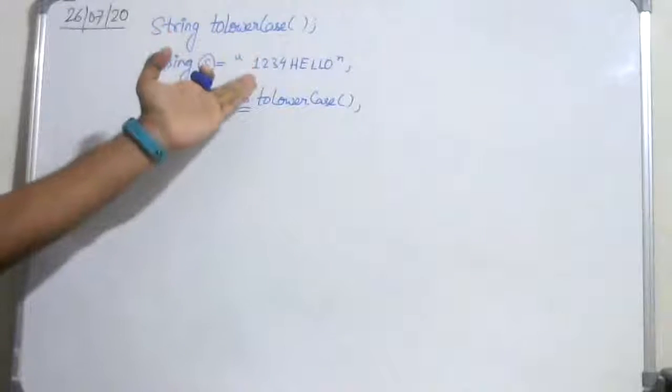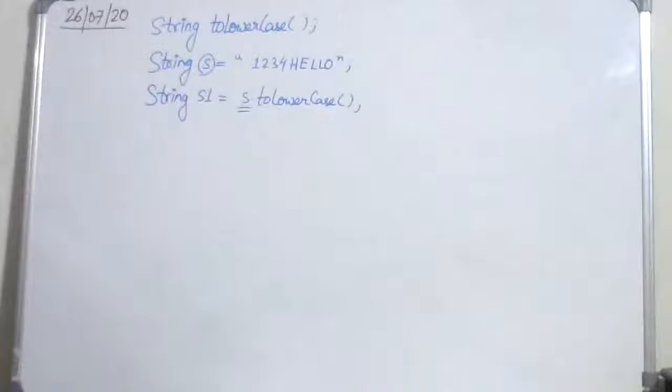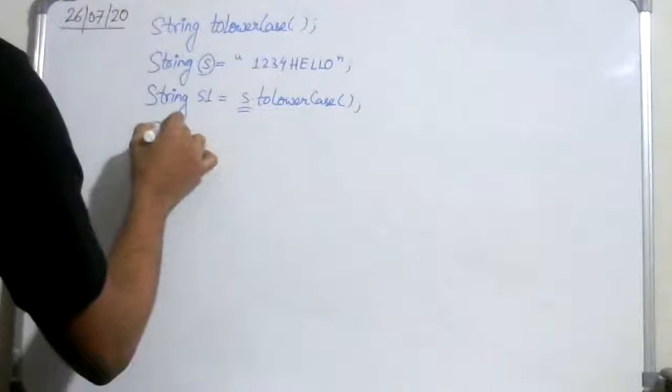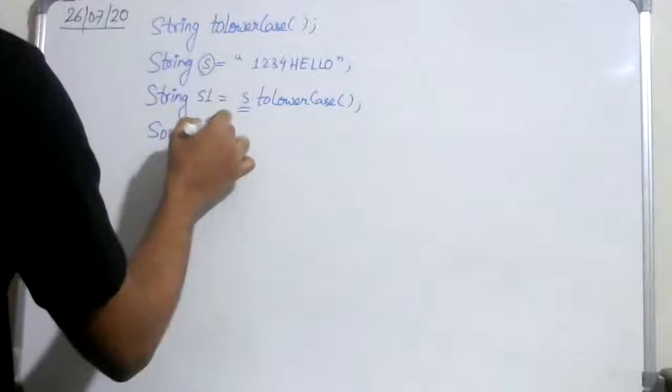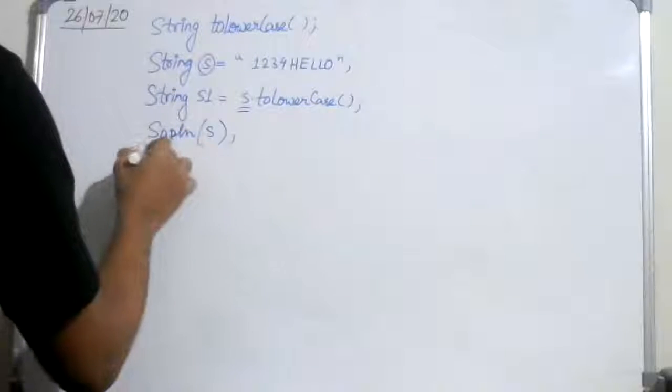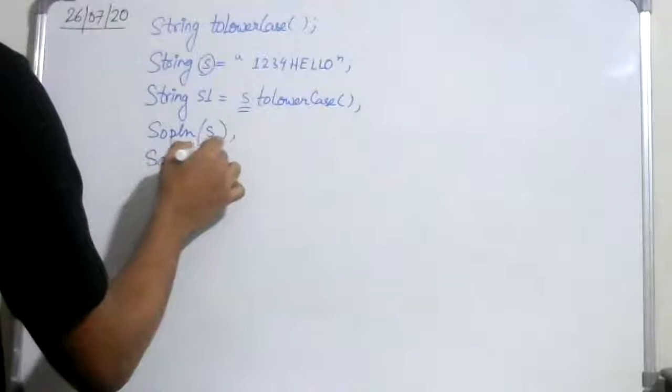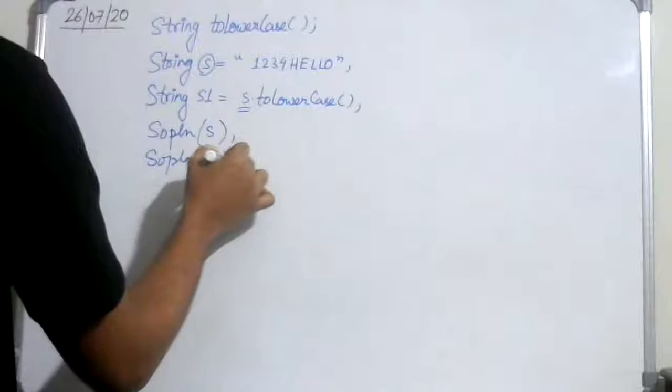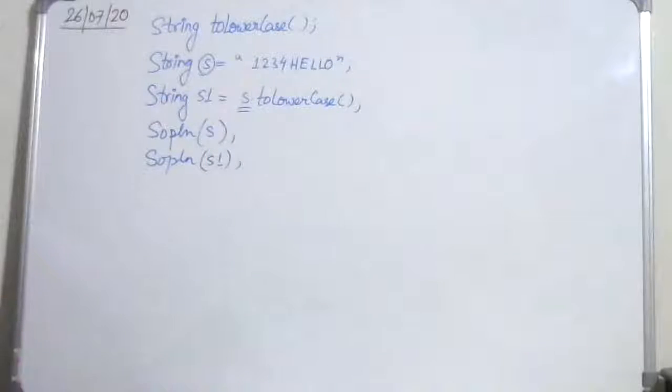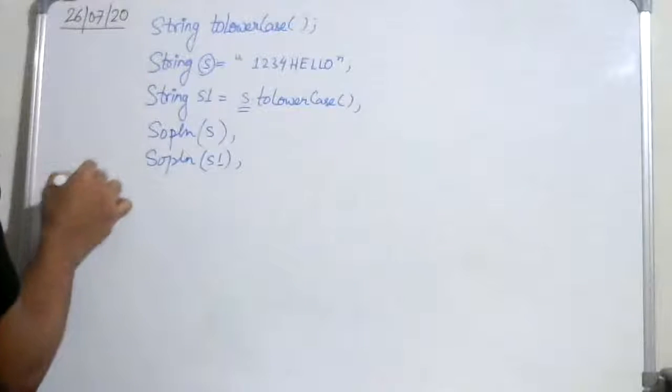What happens? Any uppercase letters that it encounters in the string are converted to lowercase. Let's take a look at the outputs. I'll do SOPLN s, which is the original variable, and SOPLN s1, which is the modified value after calling to lowercase. Now, what do I get as an output?